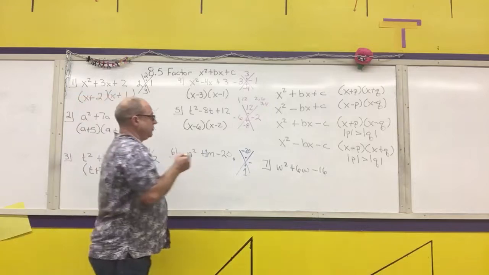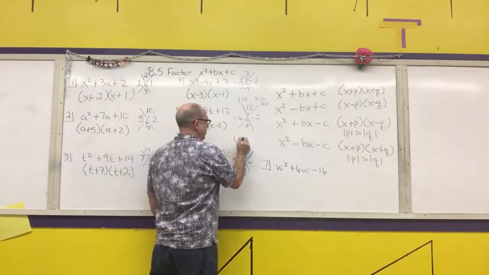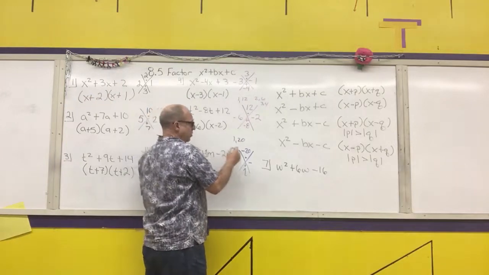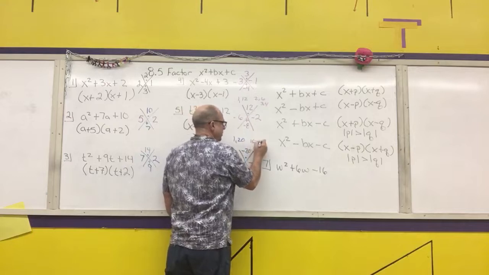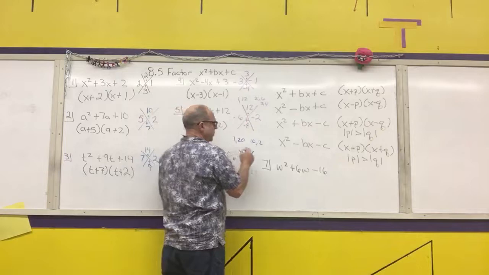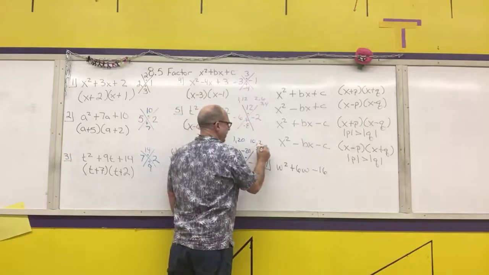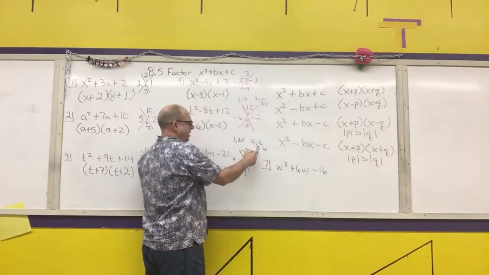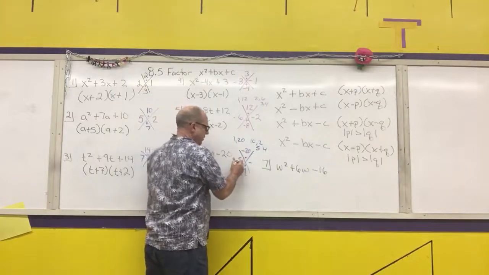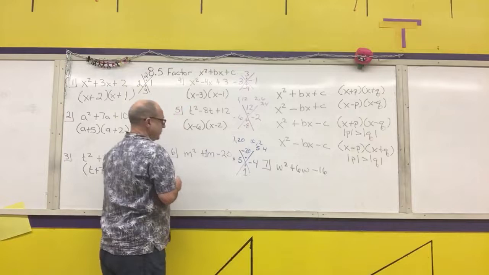And my factors of 20 are 1 and 20. So in this case, the biggest one minus the smallest one, 20 minus 1 is 19, doesn't work. 10 and 2. 10 minus 2 is 8. It doesn't work. And then I have 5 and 4. 5 minus 4 is 1. That works. So positive 5 minus 4.